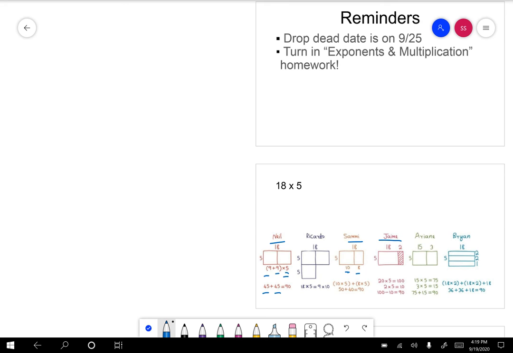Okay, now Jamie here looks like they thought it might have been easier to multiply 5 by 20, right? So instead of doing it by 18, multiply it by 20. So 20 times 5 is 100. Okay. Now, because they added that extra 2, they then did 2 times 5, which was 10.